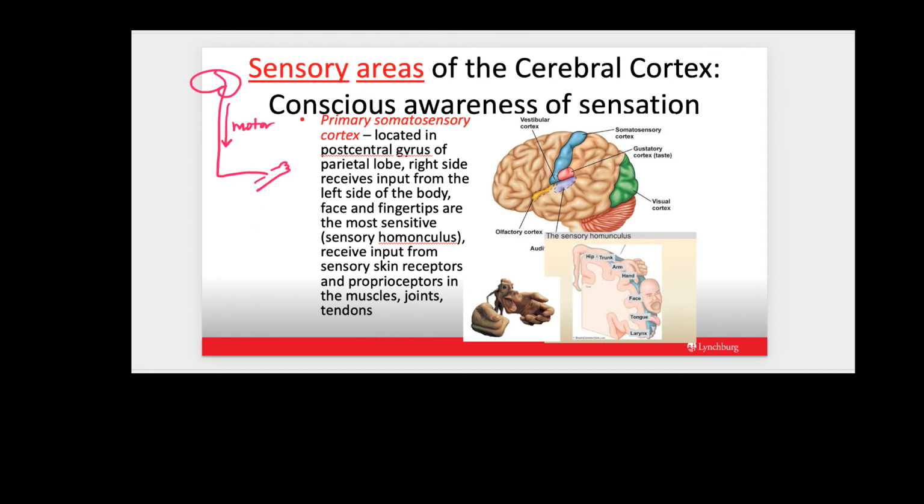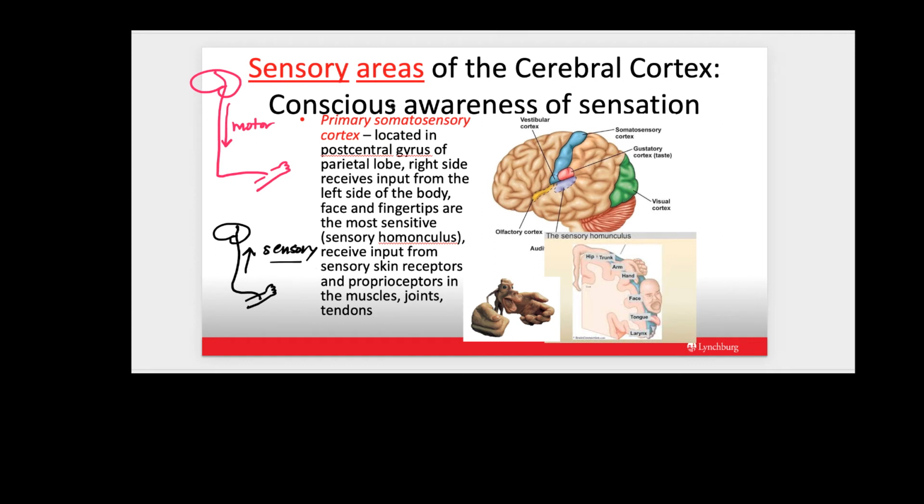Sensory information is going to be doing exactly the opposite. Here's my brain, here's my sensory receptor maybe in my skin on my arm. Now we're going to be traveling up to the brain, from the body up to the brain, and this is our sensory part.